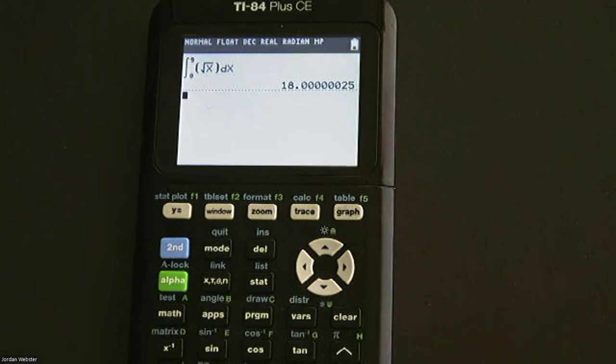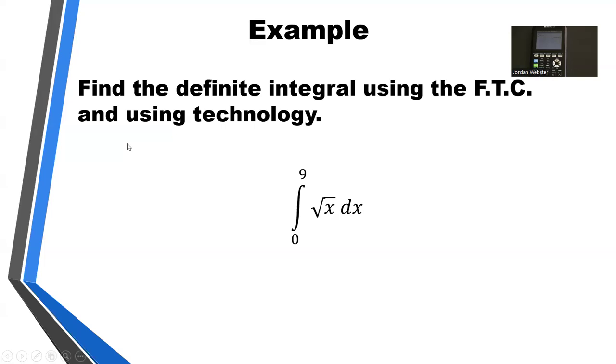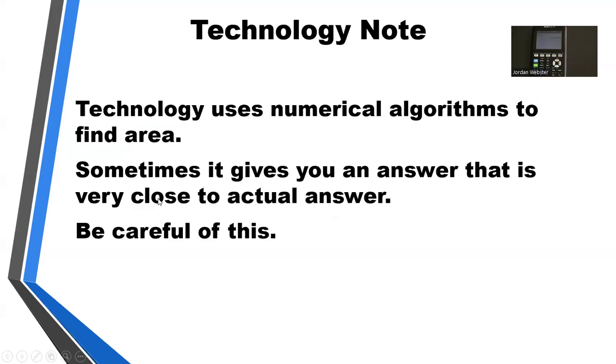So other than that, that's the things we need to know with technology. That's how to use your calculator. Again, be careful because of the numerical algorithms the calculator uses to find the areas.